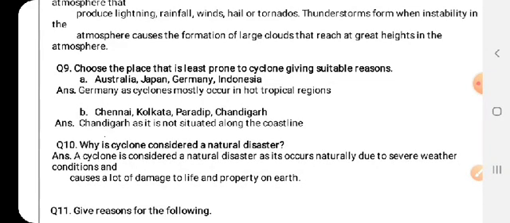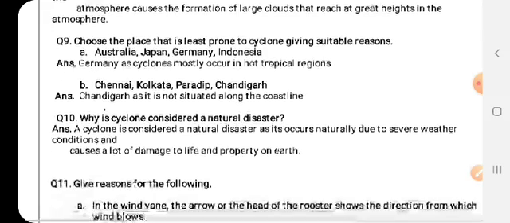Next is, choose the place that is least prone to cyclones. That is Germany. From these options, it is Germany because it is not in the hot tropical regions, because cyclones are more prone to the areas near the equator. Next is Chennai, Kolkata, Paradeep, and Chandigarh.